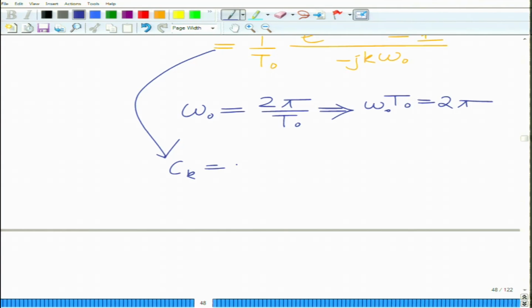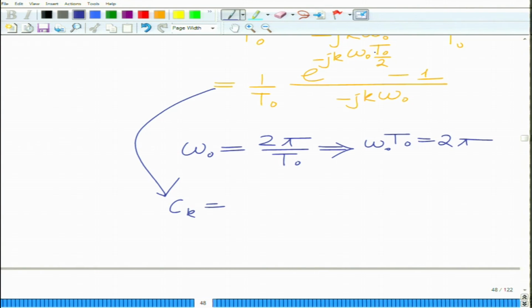Look at this: in the numerator we have omega naught into T naught by 2, which will be pi, and in the denominator we have T naught into omega naught, which will be 2 pi. So, this will be 1 minus e raised to minus j k pi, divided by j k times 2 pi.